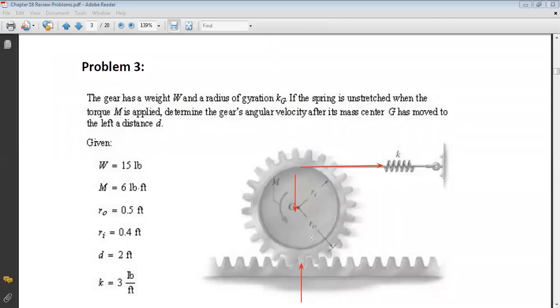So if I put F to the right, I don't have any force that will push the center of mass to the left. So it's impossible. Okay? So if you write the equation, sum of Fx on the gear is equal to m times a_Gx.